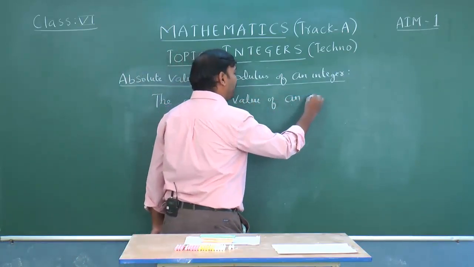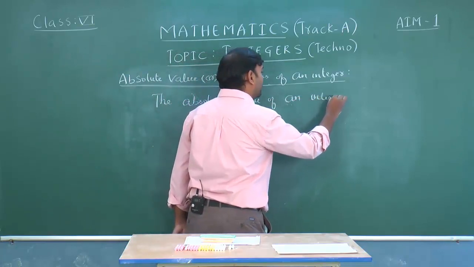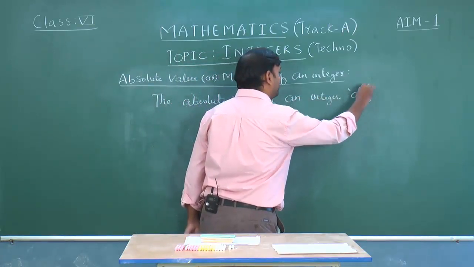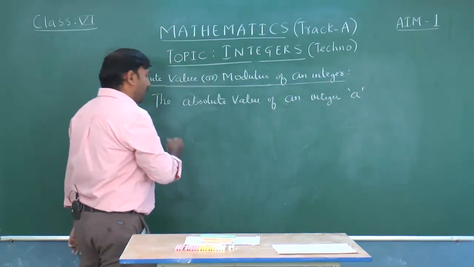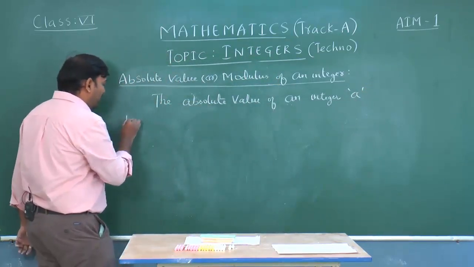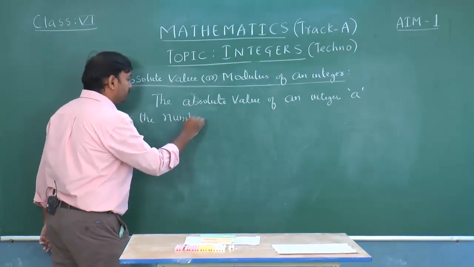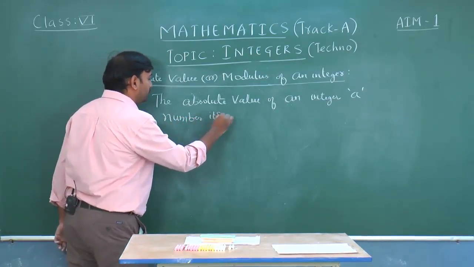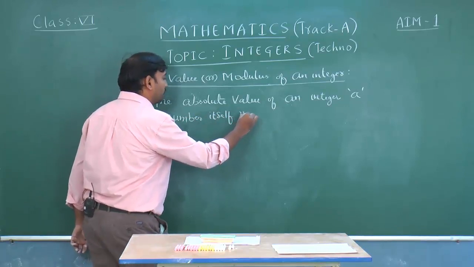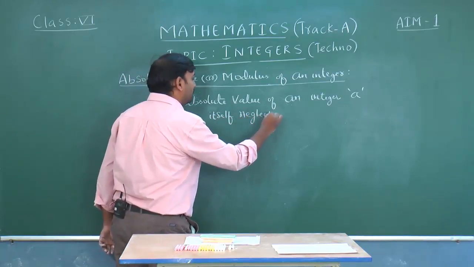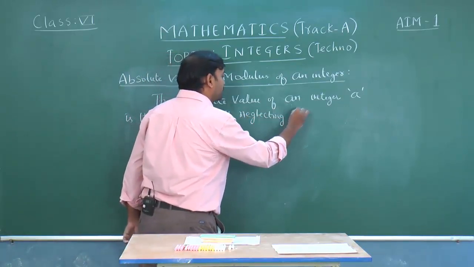The absolute value of an integer. Let us take the integer as a. The absolute value of an integer a is the number itself neglecting its sign.